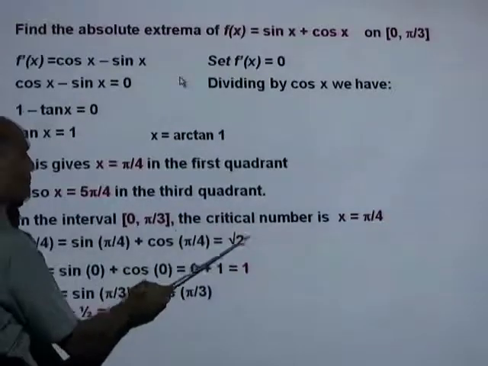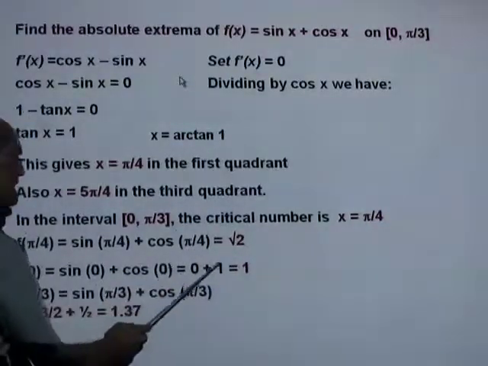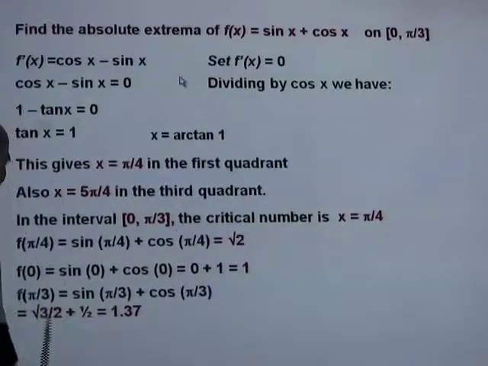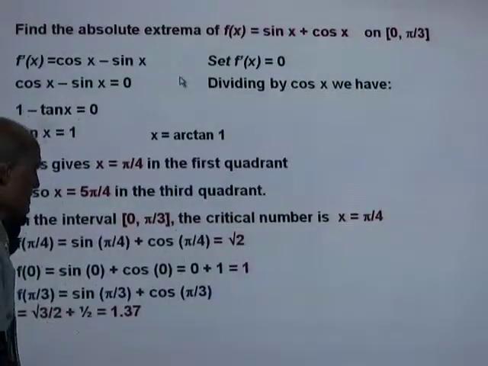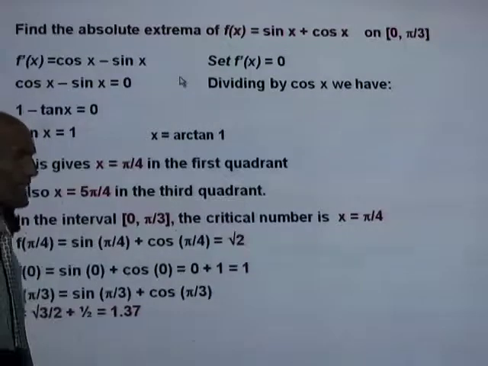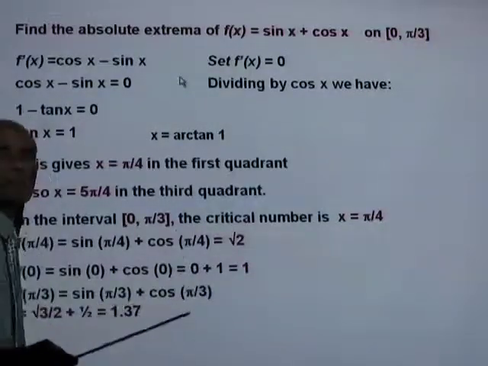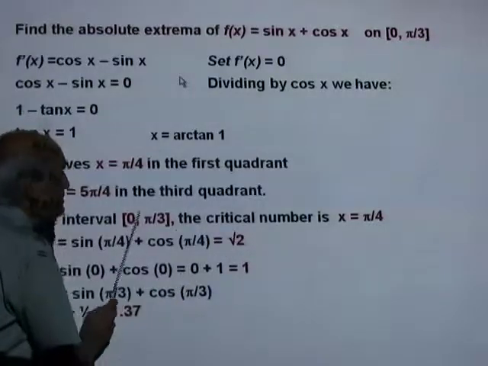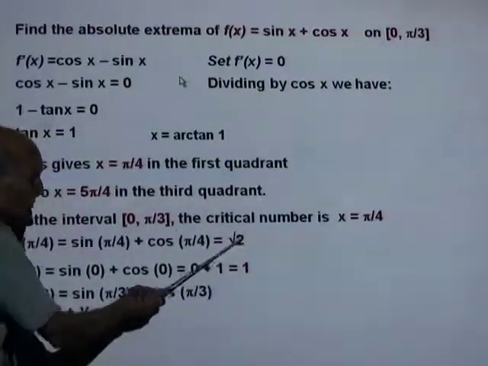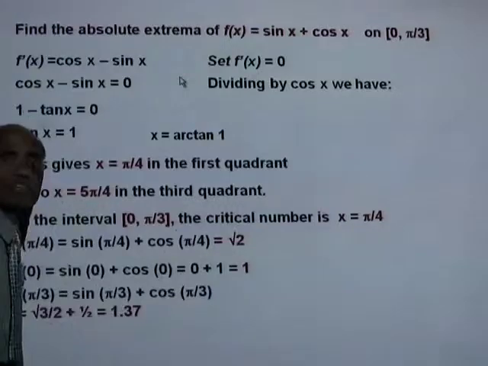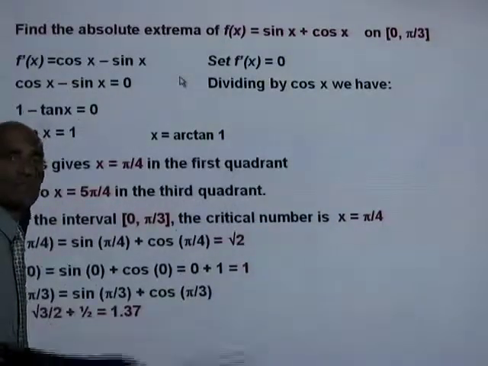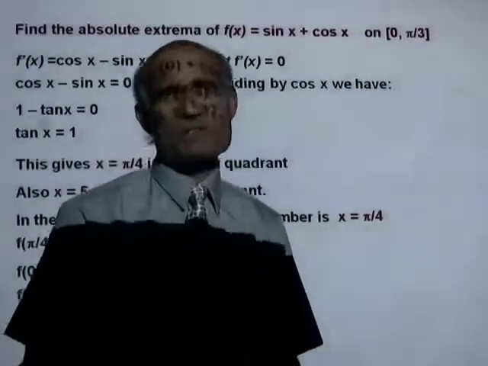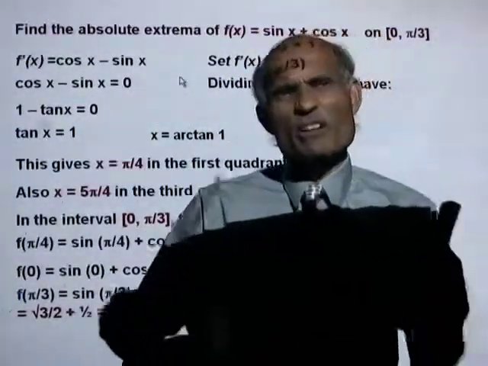So we now have the values of the function. F of pi by 4 is root 2, f of 0 is 1, and f of pi by 3 is 1.37. Tell me, what is the absolute maximum of this function on this interval? Which of these three has the maximum value? What is square root of 2? Well, I know you will go to the calculator, but you must have a fair understanding.